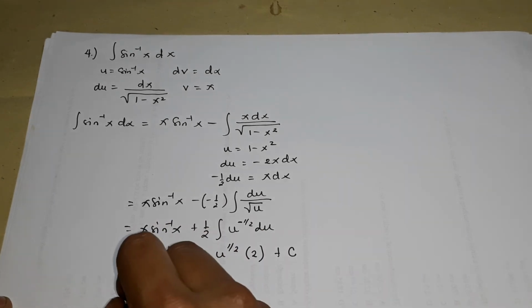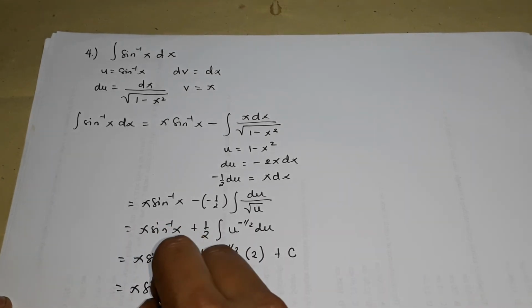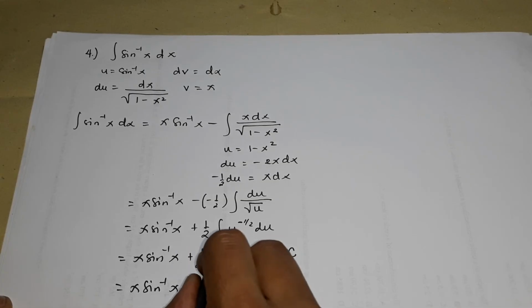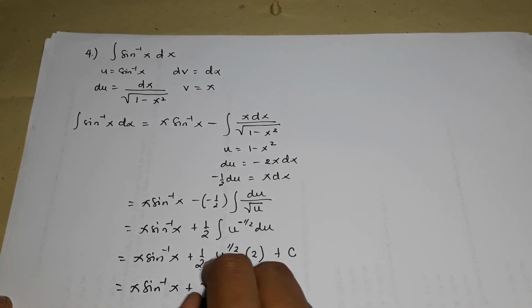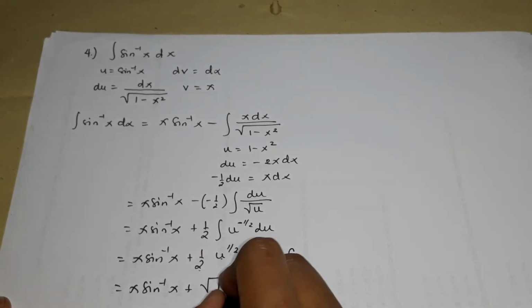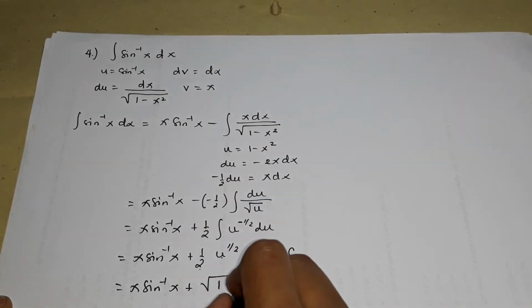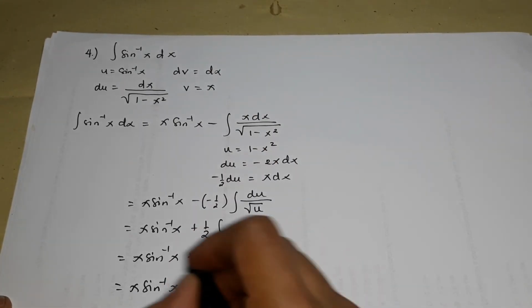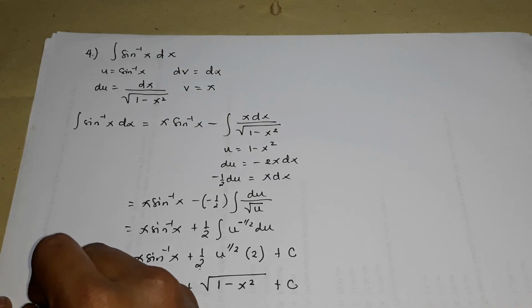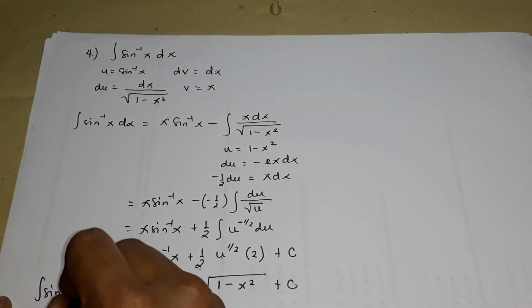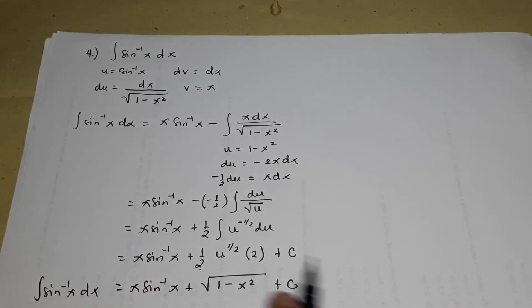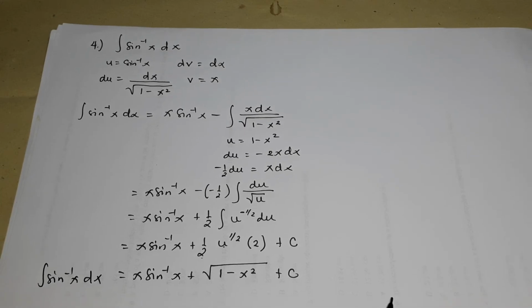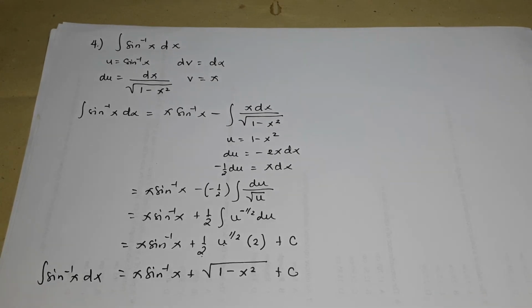So finally, you have x arc sine of x, 1/2 times 2 is 1, and then square root of u, which becomes the square root of 1 minus x squared, and then plus c. So in general, the integral of arc sine of x dx is equal to x arc sine x plus the square root of 1 minus x squared plus c.